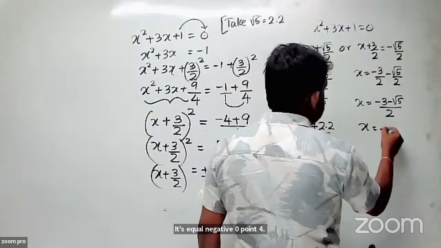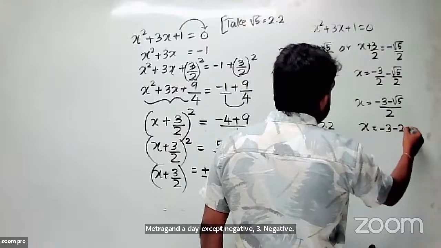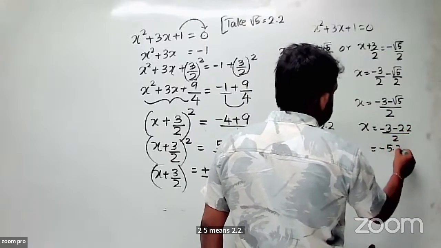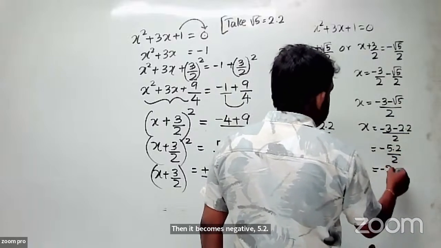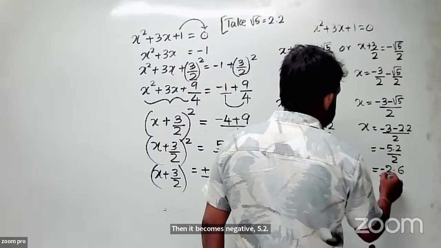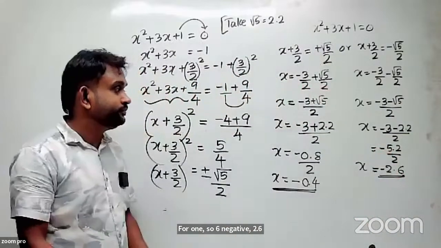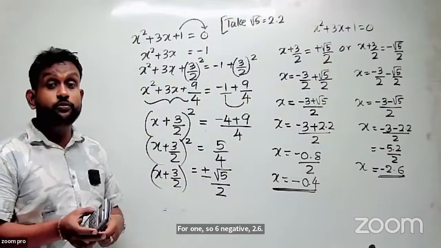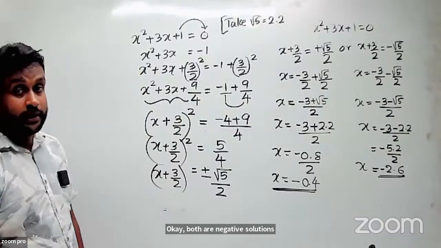Then x equals negative 3 minus root 5, meaning 2.2, upon 2. Then it becomes negative 5.2 upon 2, which is negative 2.6. Okay, both are negative solutions. Right, correct them.